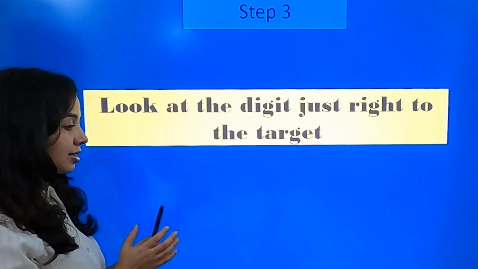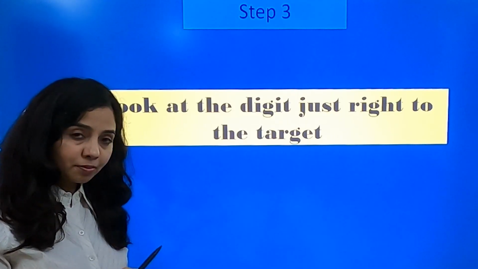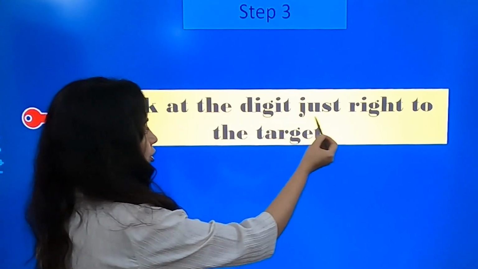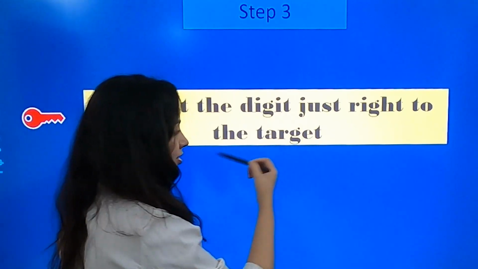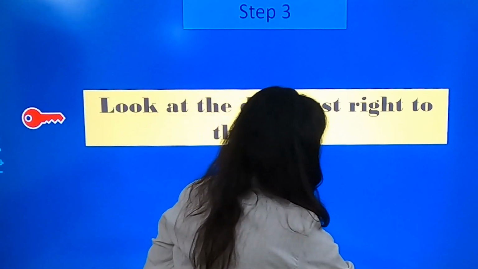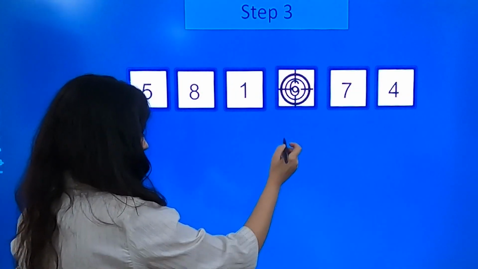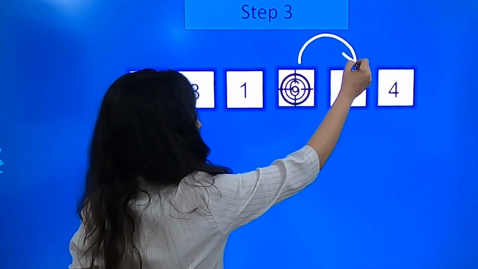Step 3 is, after deciding my focus digit, I will look at the digit just right to the focus digit. What does it mean? My focus digit was 6 and just right to it was 7.